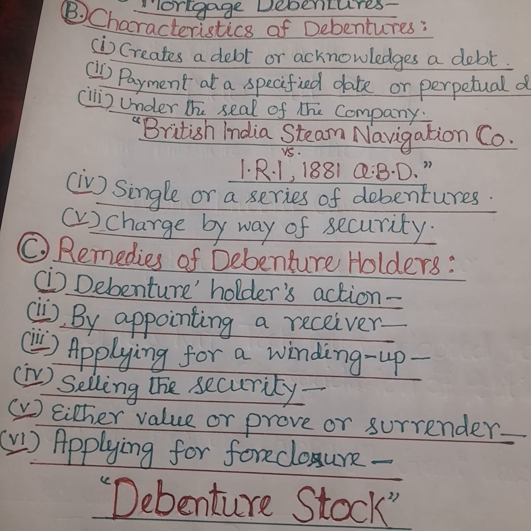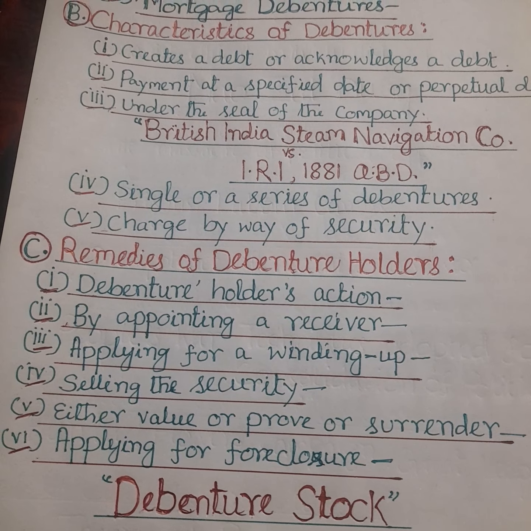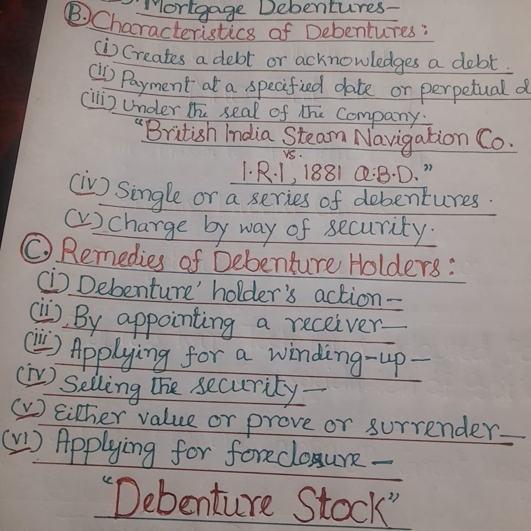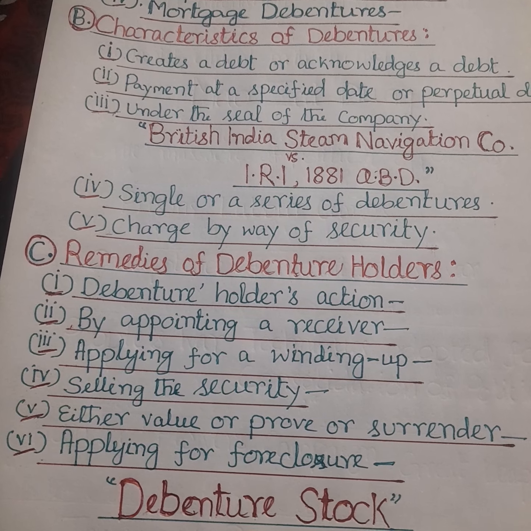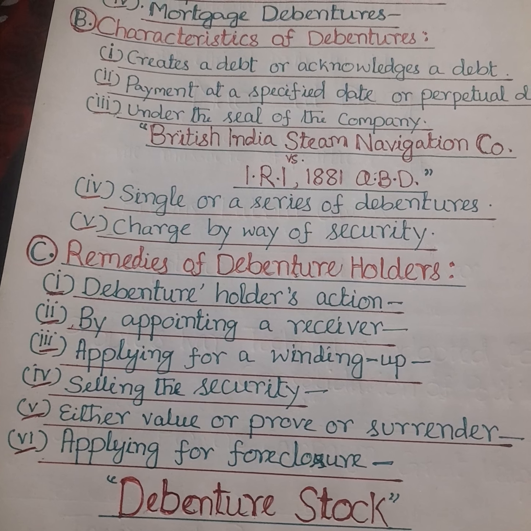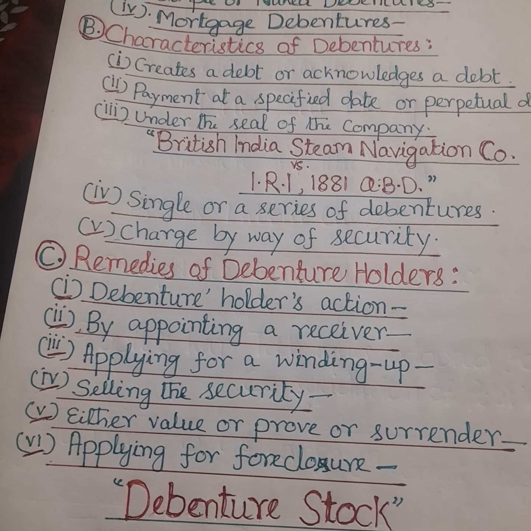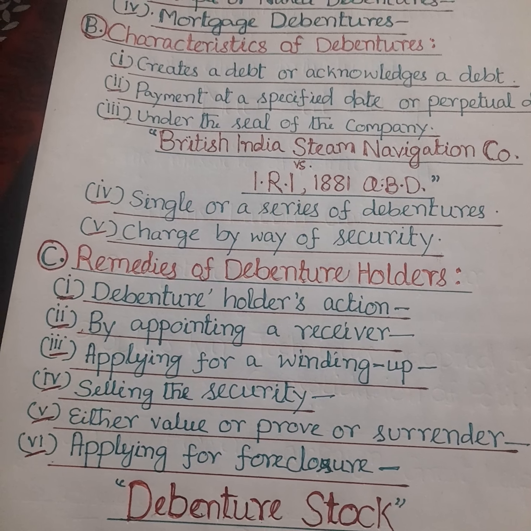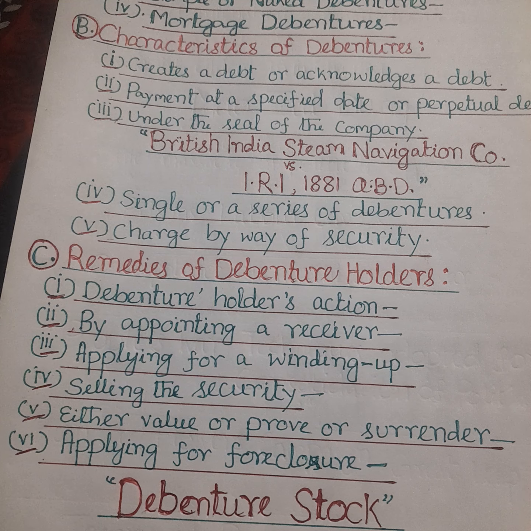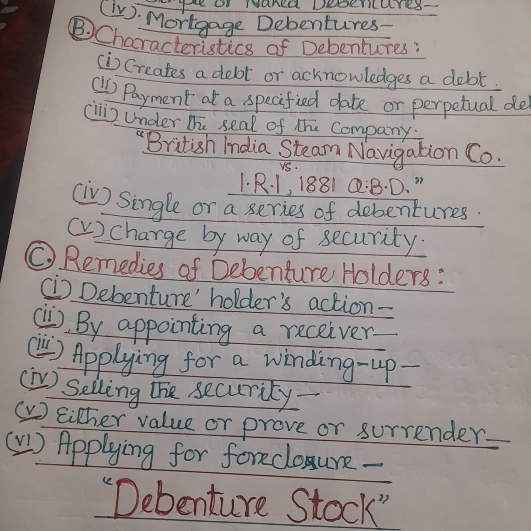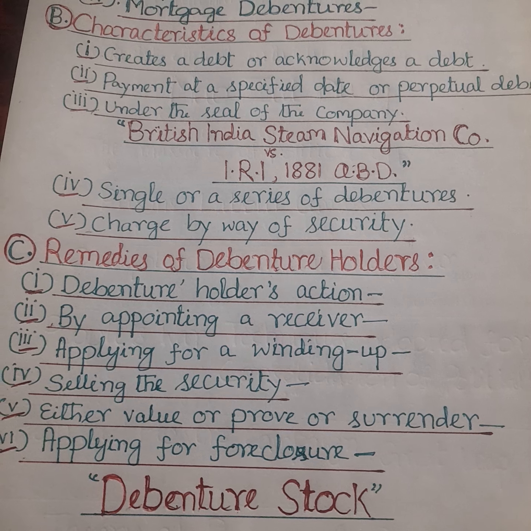And the fifth remedy available to the debenture holder is that in case of the insolvency of the company, the debenture holder can either value his security and prove for the balance, or surrender his security and prove for the whole amount of his debt.